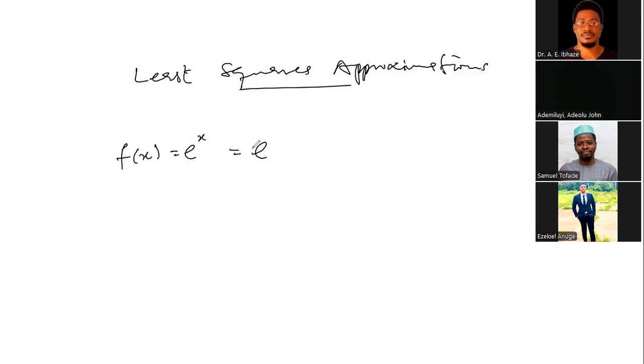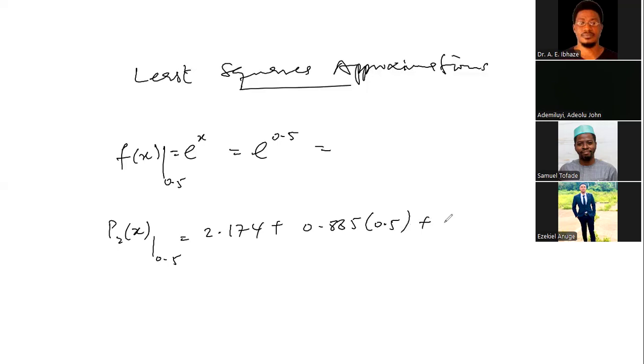So at 0.5, you also want to take P2 of x at 0.5, which would be 2.174 plus 0.885 times 0.5, plus 0.346 times 0.5 squared.